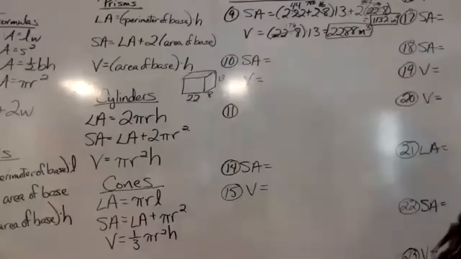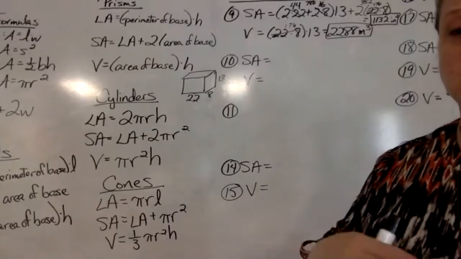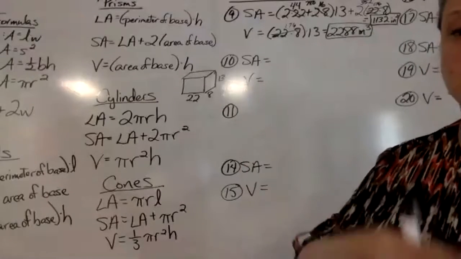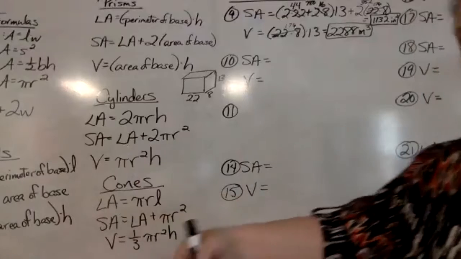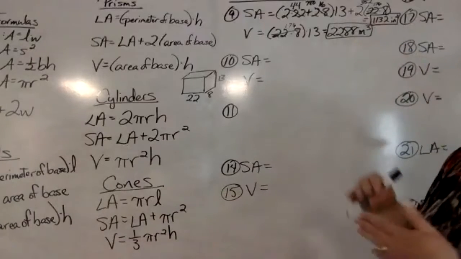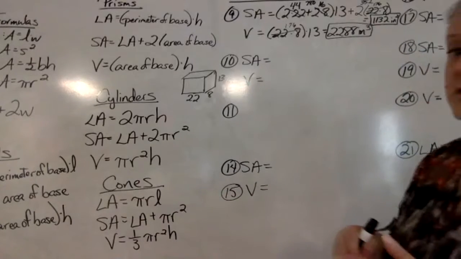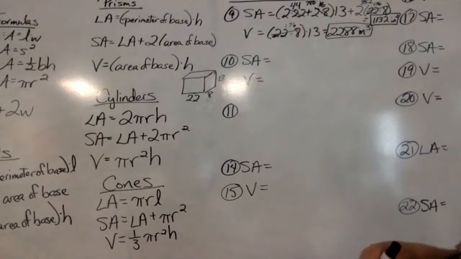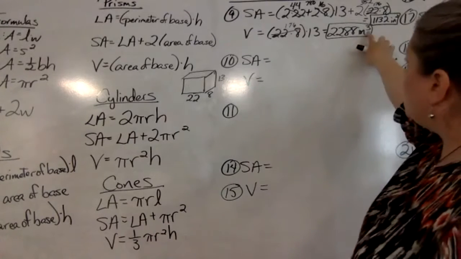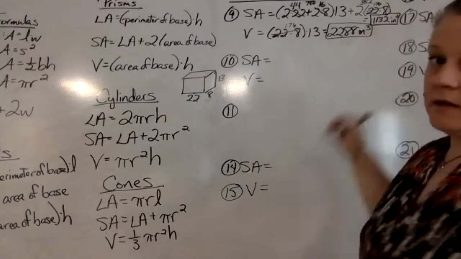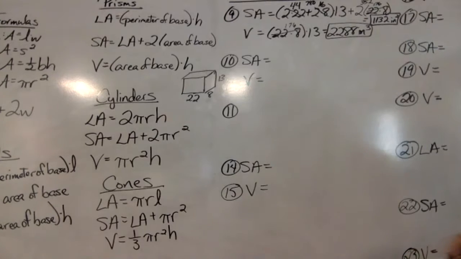Volume is in cubic units because you multiplied 3 dimensions: length, width, and height. Area is in square units. You're just multiplying the length and the width. Okay? Volume, cubic units, area, square units. Okay? So that was number 9.